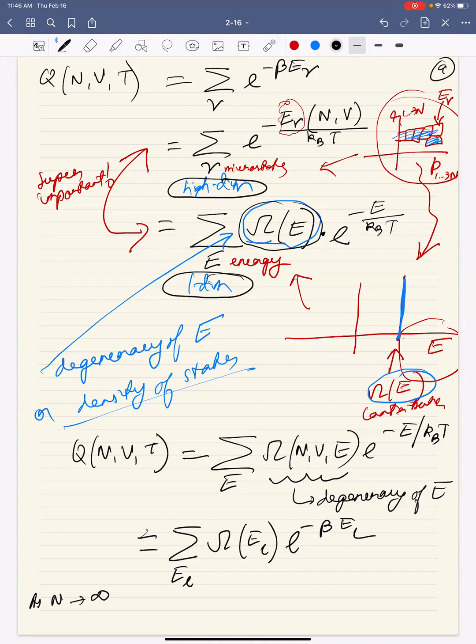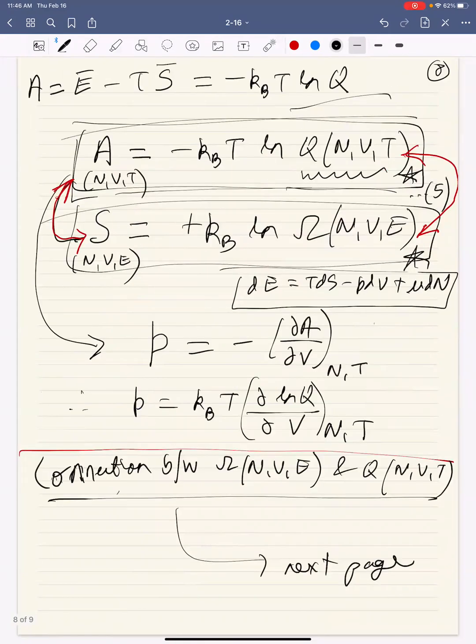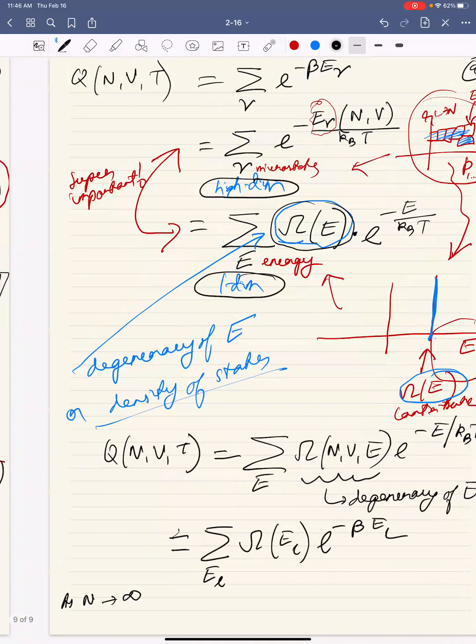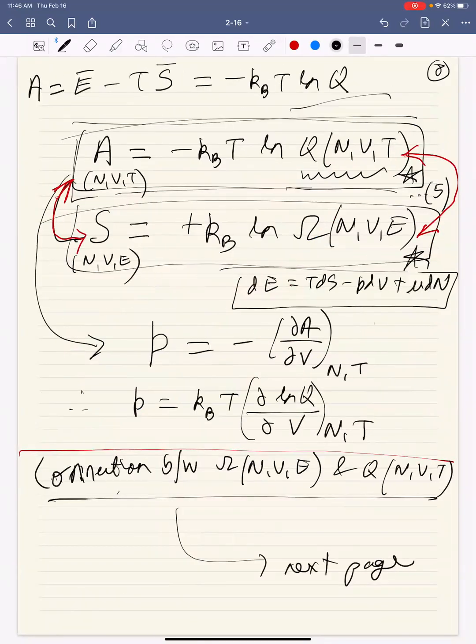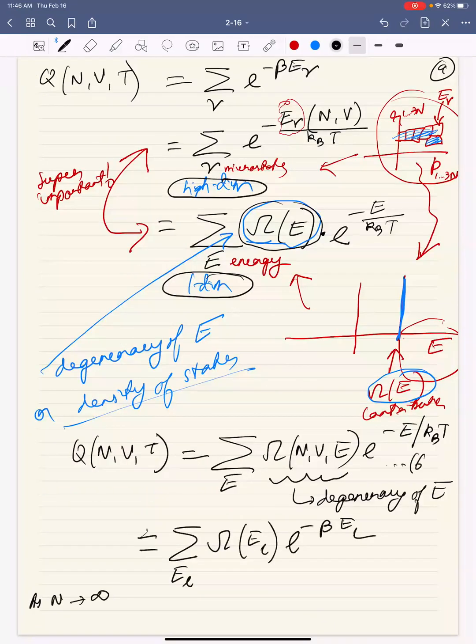And what equation number is this? Yeah, equation number 6. Equation number 6 becomes Q of NVT tends to an integral dE from 0 to infinity. Energy can go from 0 to any infinite value.